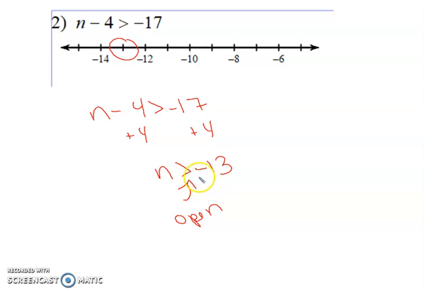And then because I have variable, symbol, number, I can follow my arrow. My arrow says I'm going to the right. It's greater than. So I can go that way. So make sure you have that. Once again, this is worth 1 point. This is worth 1 point. Like making sure it's going the right direction. So each one of these is going to be worth 2 points.